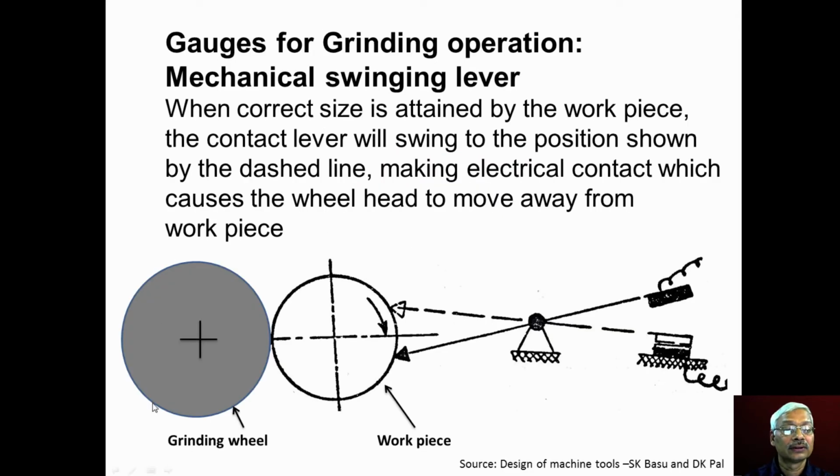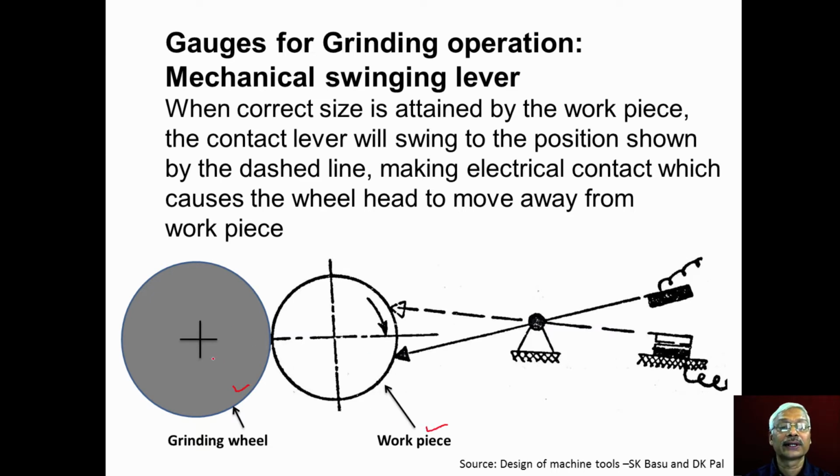Now let us study the in-process gauges for grinding operation. This picture shows a mechanical swinging lever. This is the grinding wheel, and we have the workpiece which is rotating.